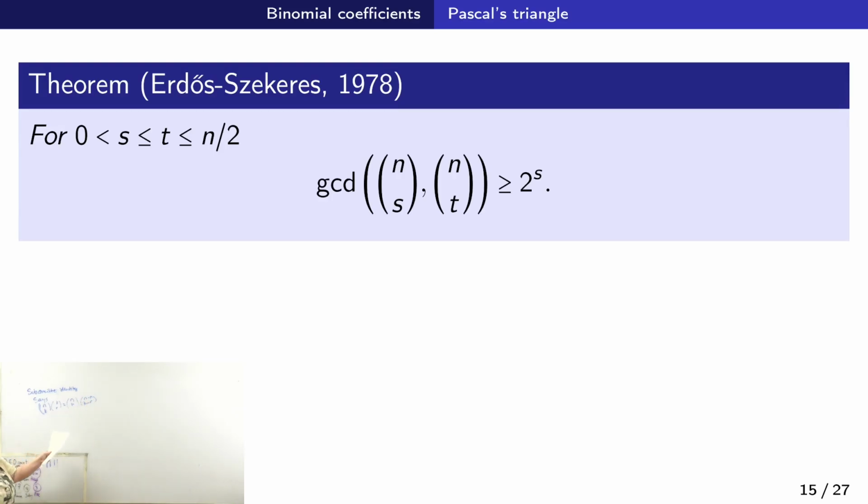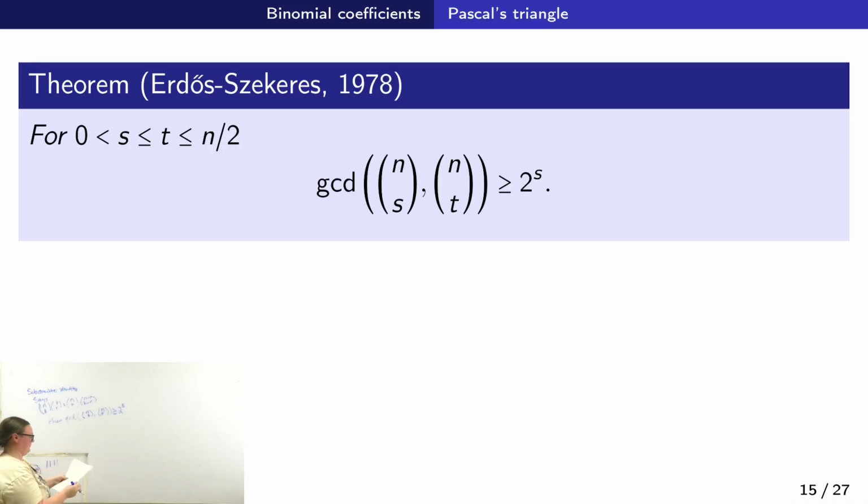So that was just a friendly reminder. Then the greatest common divisor of n choose s with n choose t is hopefully greater than or equal to 2 to the power of s.